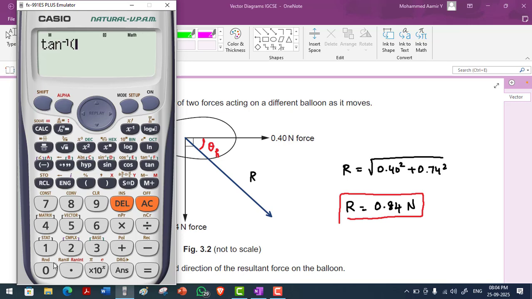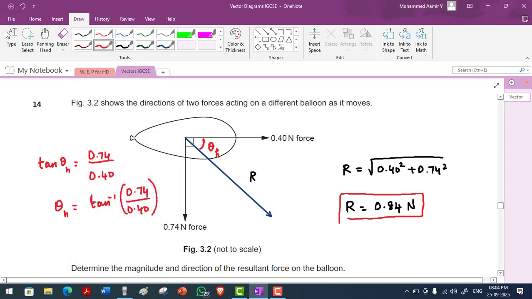Shift tan 0.74 divided by 0.40. If I just click, I get 61.6 degrees, approximately 62 degrees. I have to mention to the horizontal, and that will be the direction.